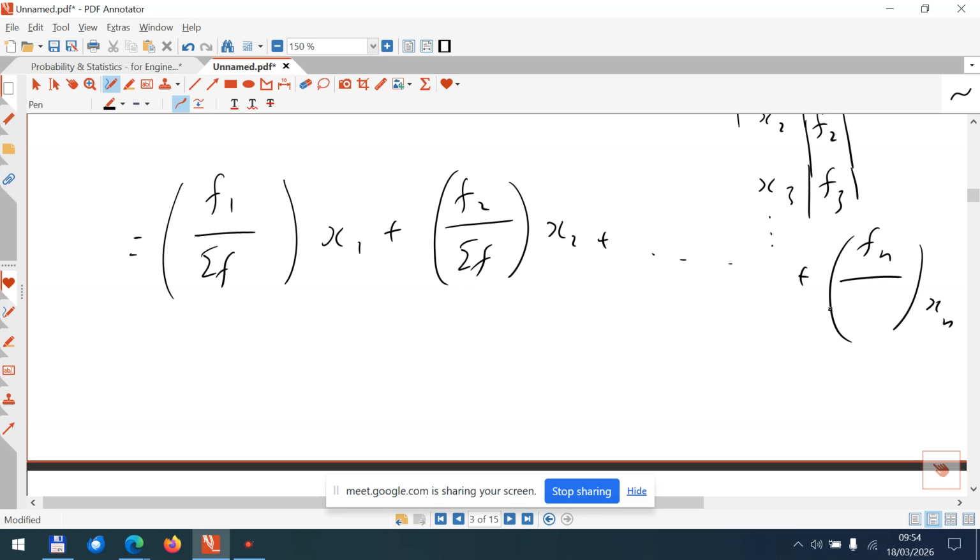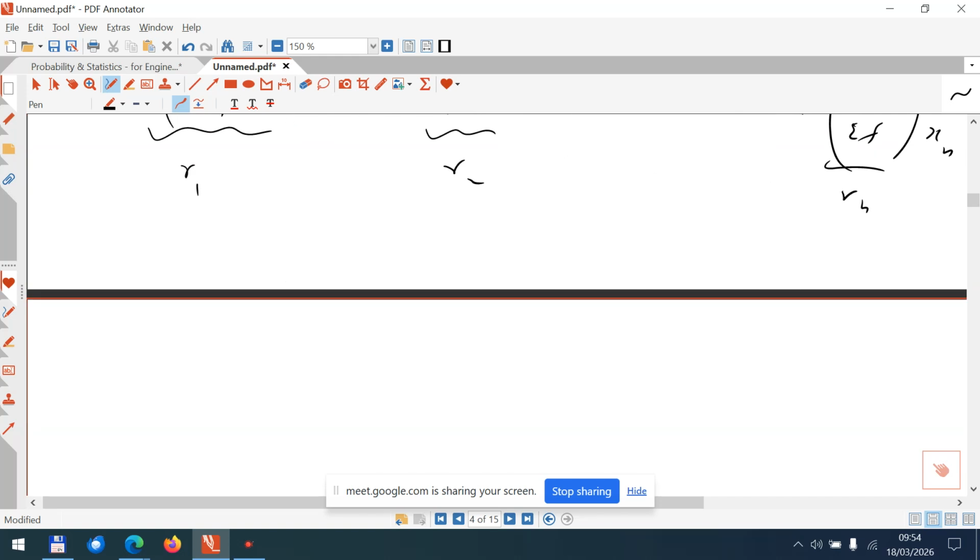So these are now relative frequencies, relative frequency R1, R2, Rn. So if I now summarize the calculation of the sample mean, I can simply go with the unique values and multiply each one by the relative frequency.